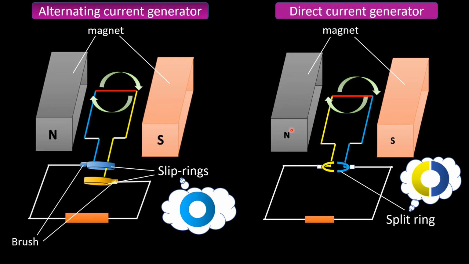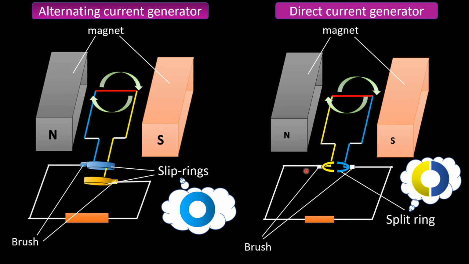So if you look carefully here, this blue split ring is connected to the blue coil, while the yellow coil is connected to the yellow part of the split rings. Of course, because your split rings are always rotating, they need brushes to connect to your main circuit.